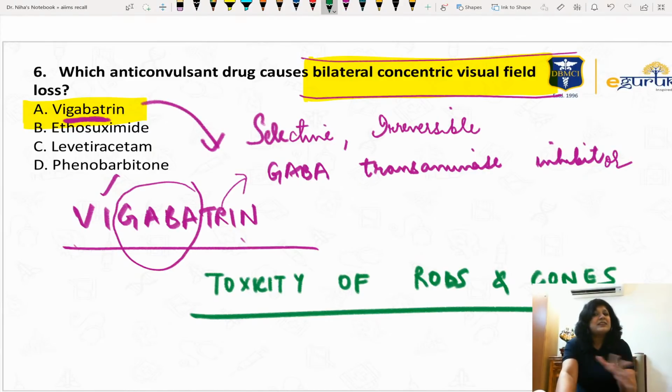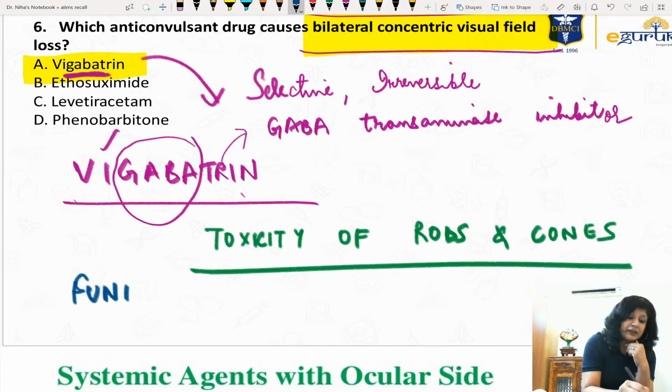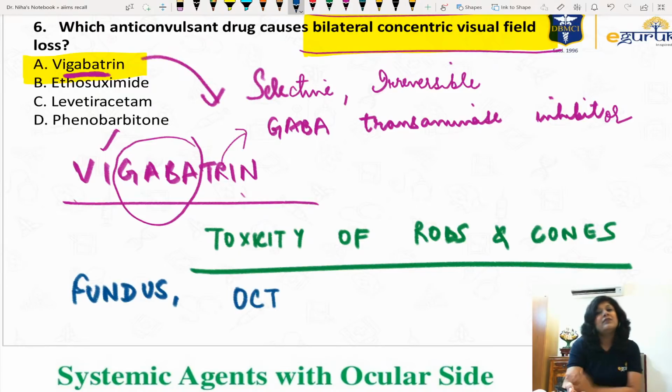Mostly it is asymptomatic, but babies have slowly and gradually more and more constriction of the visual field, and obviously we will have to check them. So how can we check this? We can do the fundus examination regularly, we can call the baby, or OCT is a very good non-invasive technique, we can do it, but main problem is how to get the cooperation of these babies.